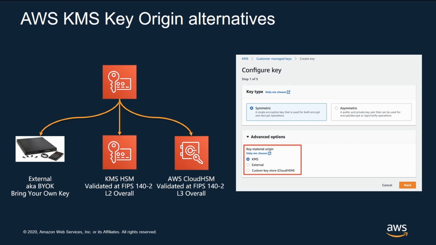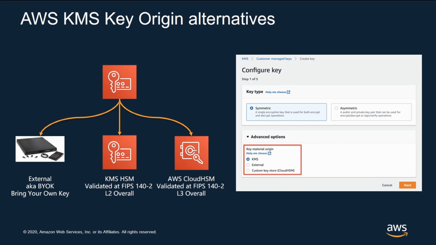CloudHSM is standards compliant and enables you to export all of your keys to most other commercially available HSMs subject to your configurations. It also enables you to scale quickly by adding and removing HSM capacity on demand with no upfront costs.